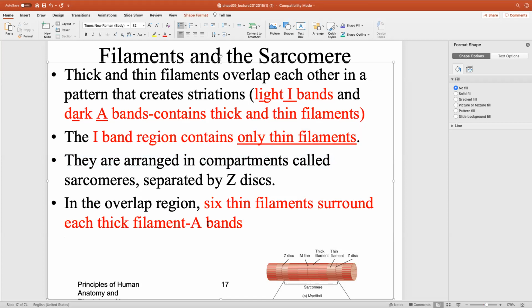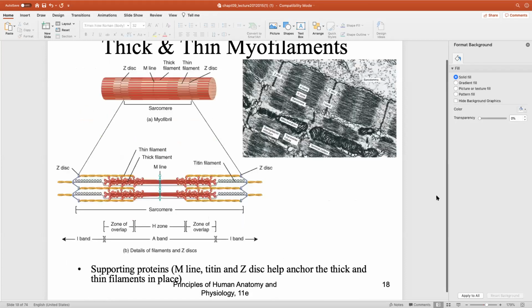Keep in mind that when we're looking at a microscope, light is coming from underneath. It's going to try to go through the skeletal muscle cell. Let's see if we have a picture of it right here. So here's a light microscope, and actually I believe that might be an electron microscope. Even so, it's very similar, right?